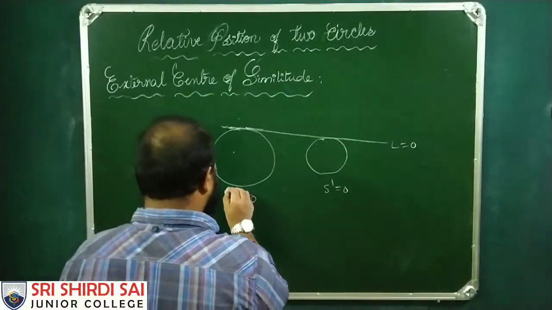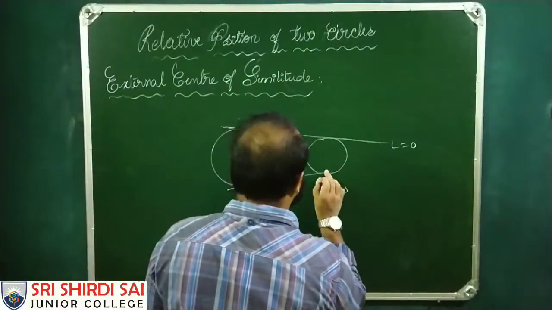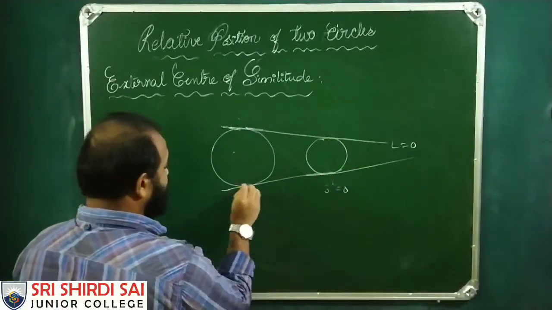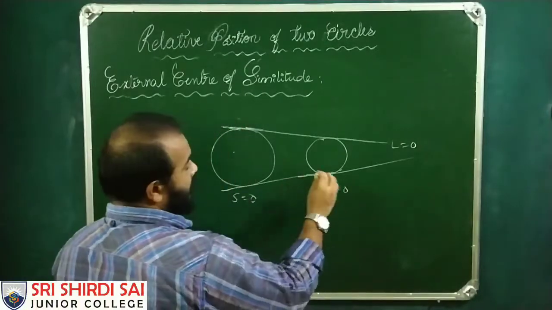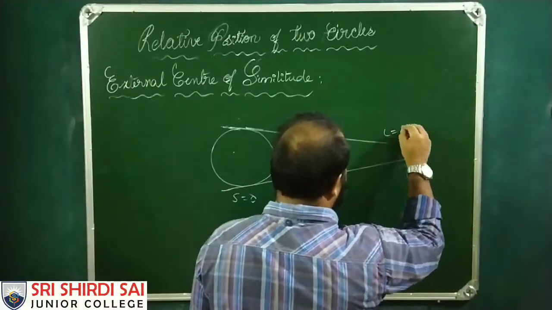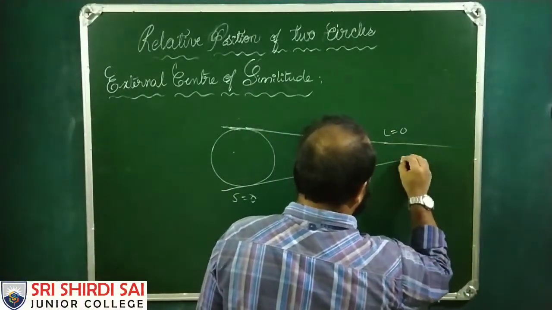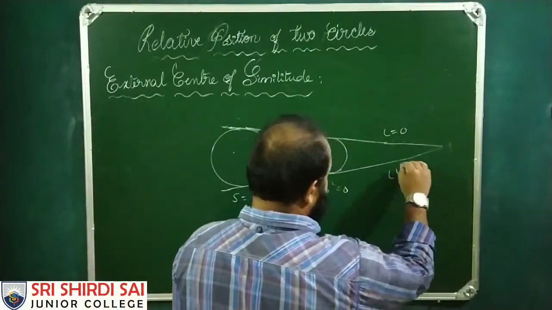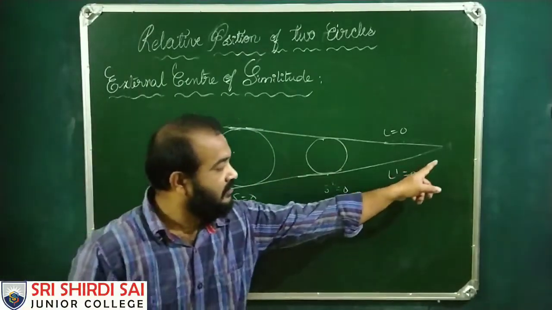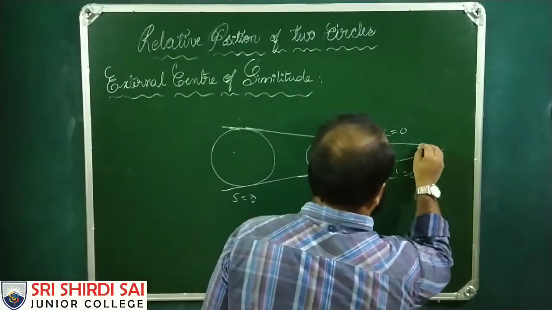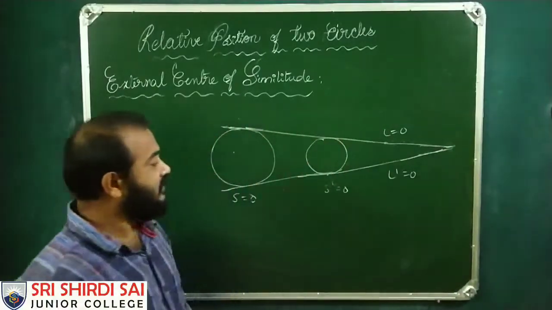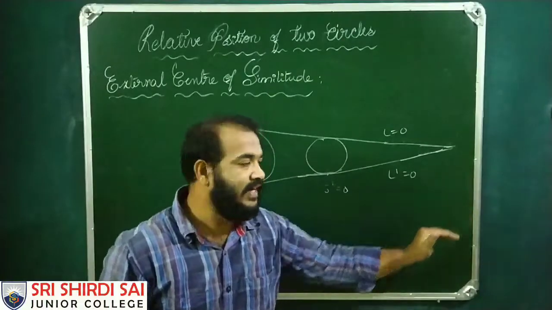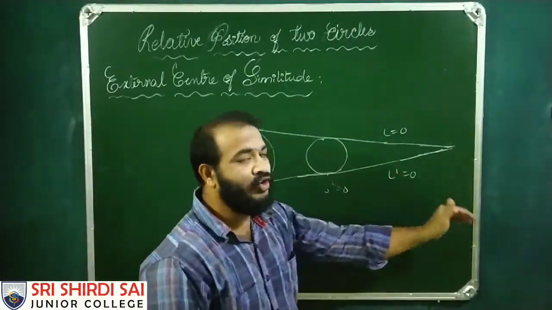And if I take another line, let us take the earlier one as L equals 0 and this one as L' equals 0. So both these lines, what are they? This line is a direct common tangent and this is also another direct common tangent.